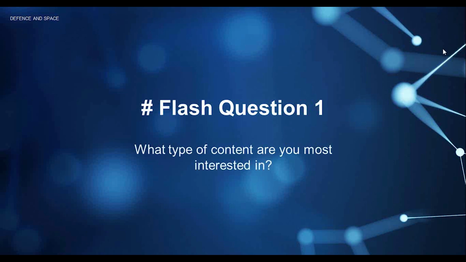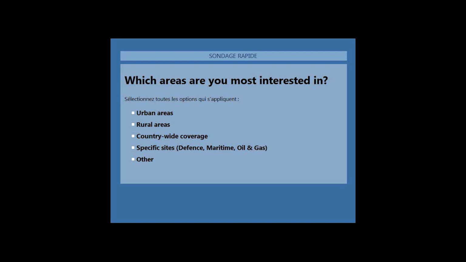So now we're going to launch our first flash question. Which areas are you most interested in? Urban areas, rural areas, countrywide coverage, specific sites for defense, maritime, oil and gas, or others? We're going to give you a bit of time to answer before we share the answers with the audience.